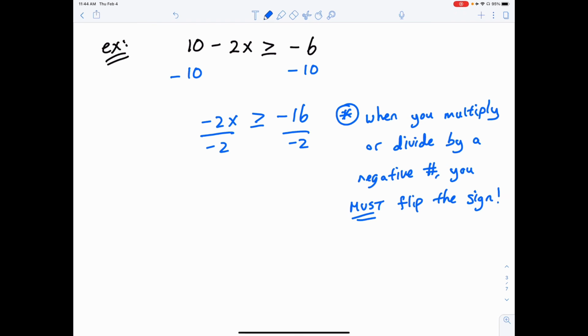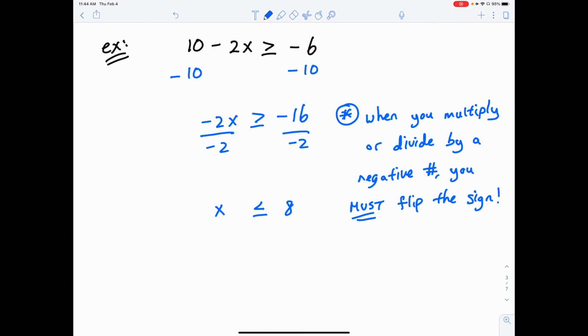So in this case, when we divided by negative 2, we would then get x here and positive 8 here, but the sign needs to flip in order for the inequality to stay true. So do make sure that at any step where you divide or multiply by a negative number, the sign has to change direction every single time.